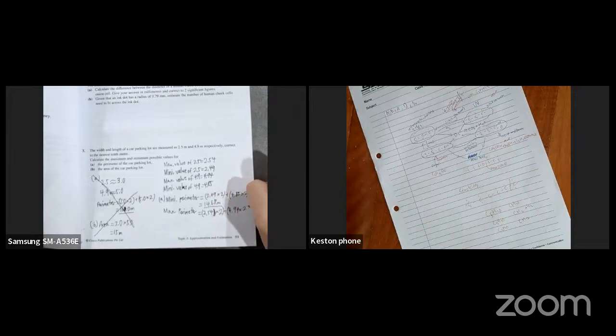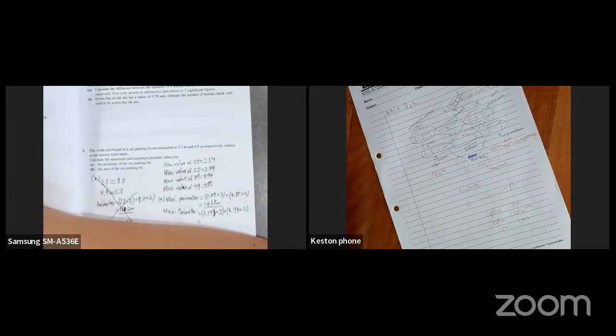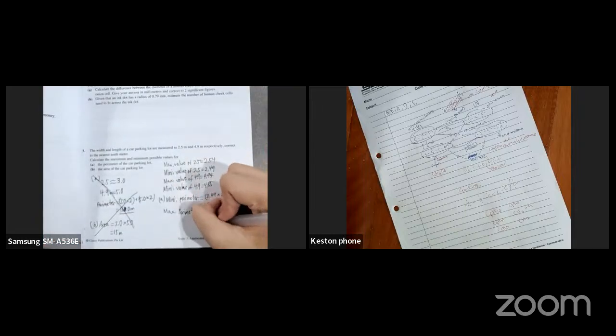Yes. And therefore, what is a good answer for this? If you're not confident with the correct answer, Keston, at least start by elimination.